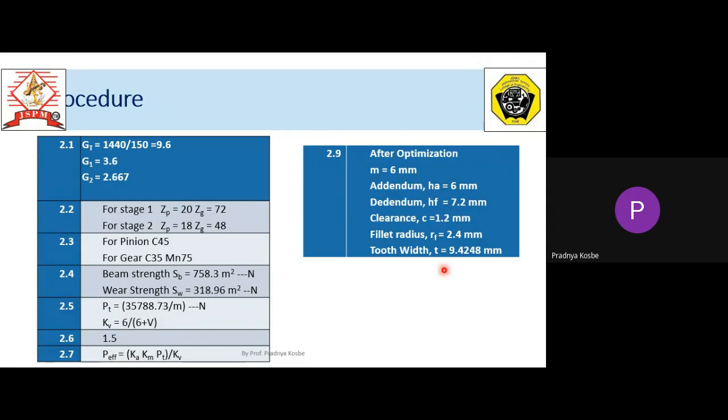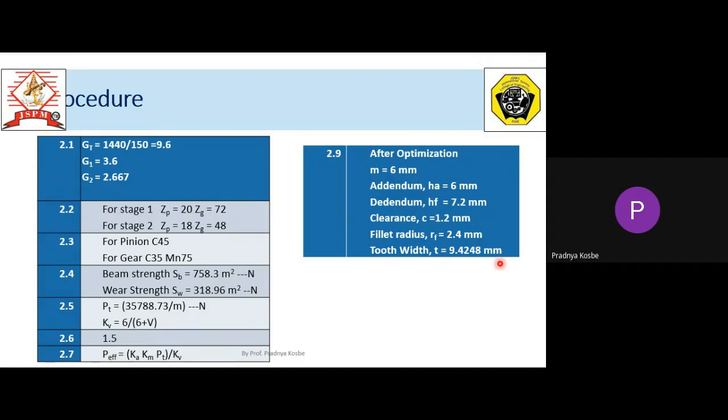Dedendum is 1.2 into m, so Hf is equal to 7.2 mm.